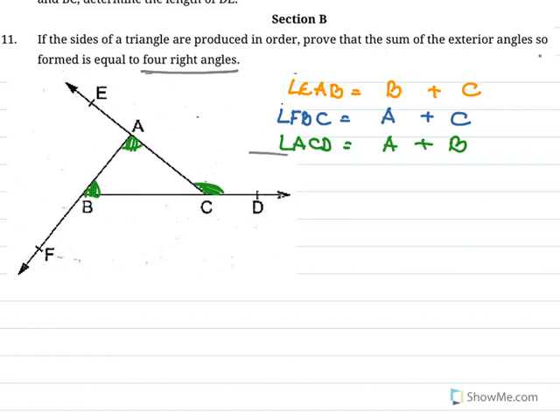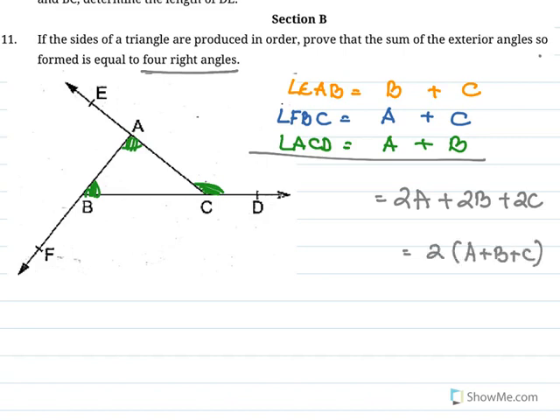Now when we add up all the three exterior angles, we get A plus A, that is 2A, B plus B, that would be 2B, and we get 2C. So if we take 2 common out, we get A plus B plus C.